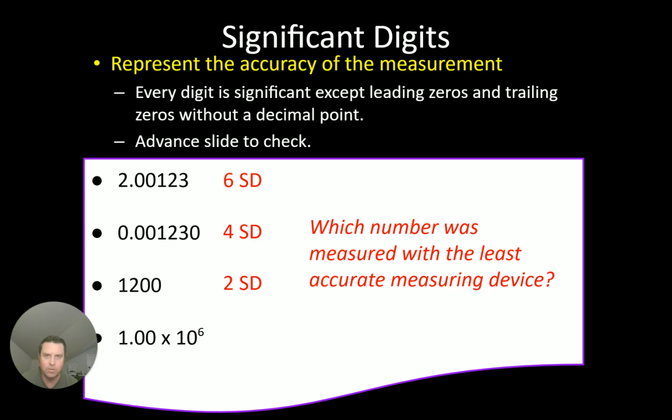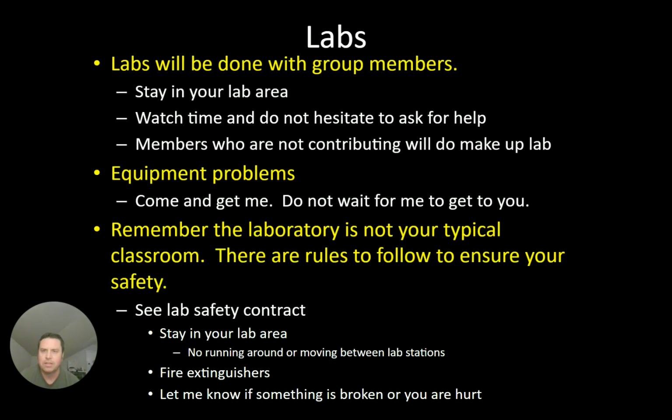You're just taking 1.00 and multiplying it by a million. How accurate it is is just that 1.00. Those are trailing zeros, but there's a decimal. Those count. So that has three. And then the question on there, which number was measured with the least accurate measuring device? Well, we can easily tell that it was the 1200. Even though that's the second biggest number on there, it was only measured with a device that had two divisions.